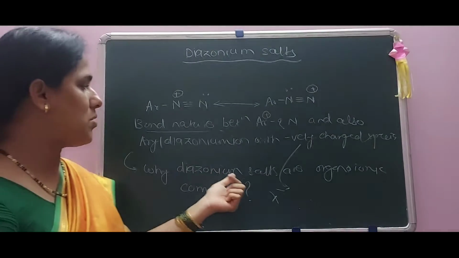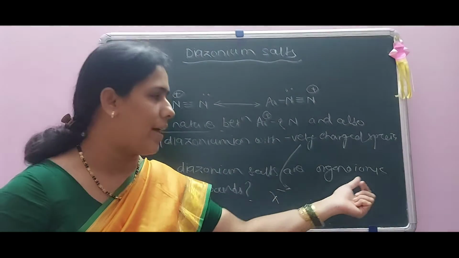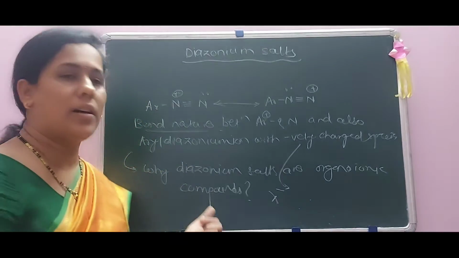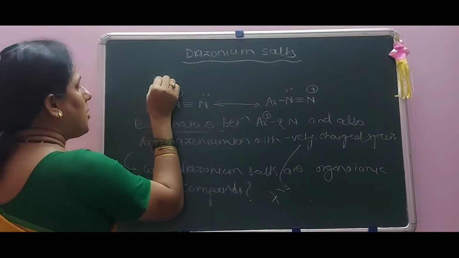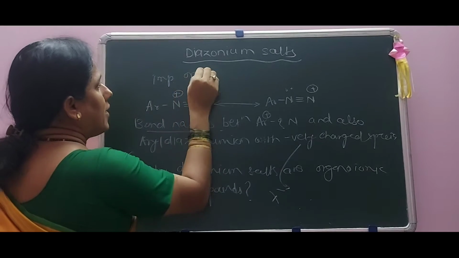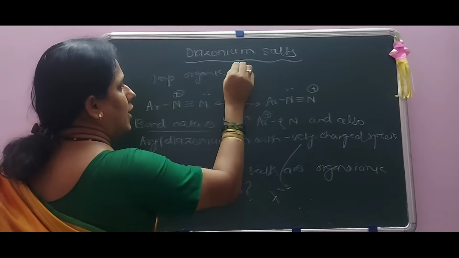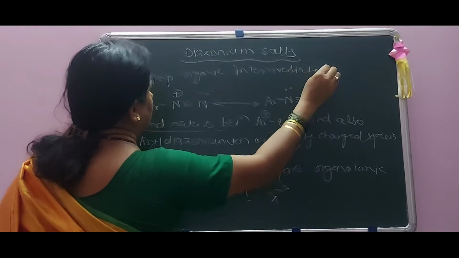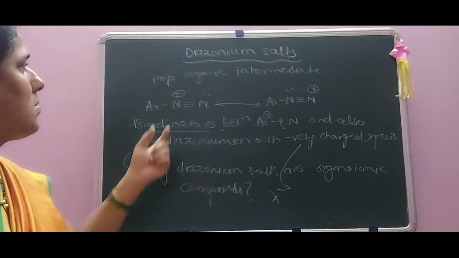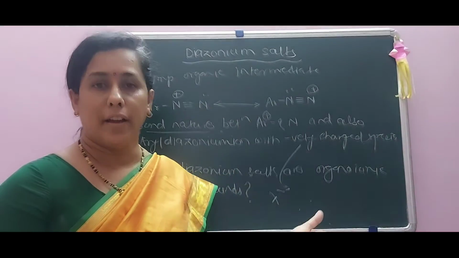Therefore, these diazonium salts are also known as organoionic compounds. They also act as important organic intermediates.